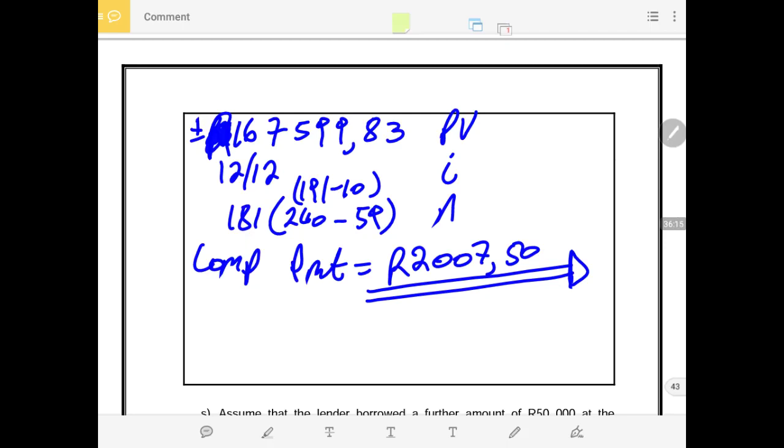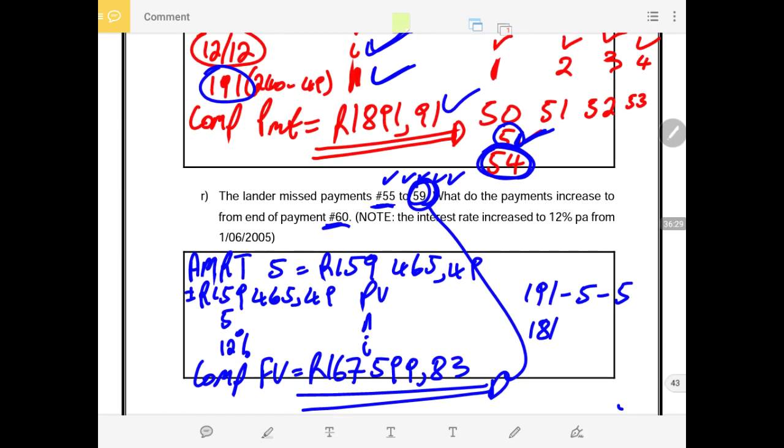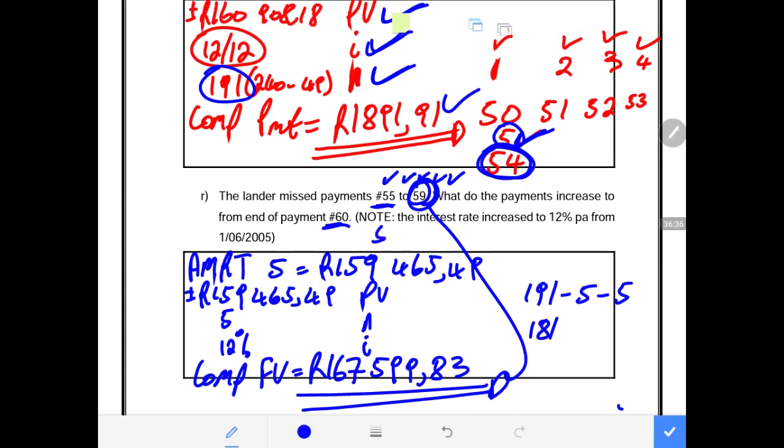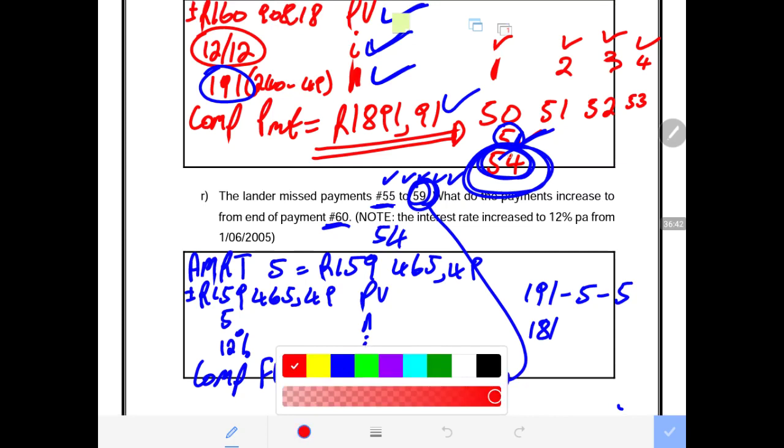Now, we have dealt with the PMT that has to change because of the missed payments. And I want to highlight this once again. Every time there are missed payments, you need to know the balance a month before the missed payment, which is the balance after the 54th payment was made. This is what we did.